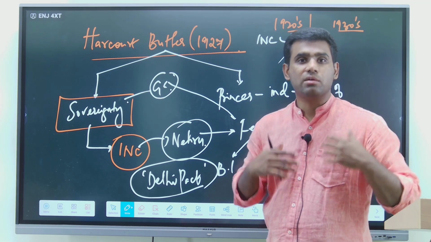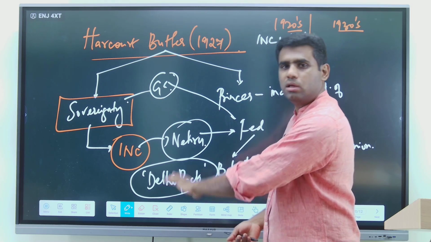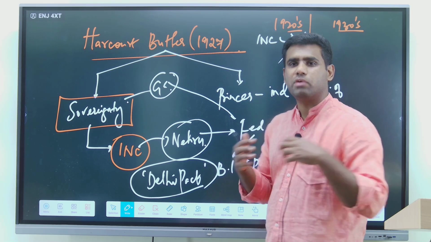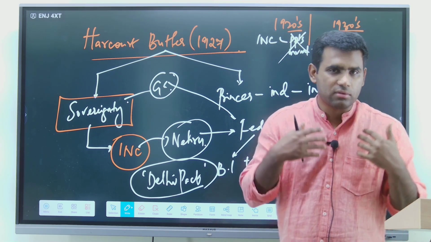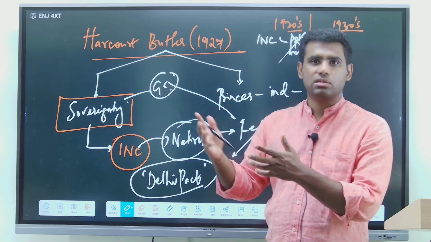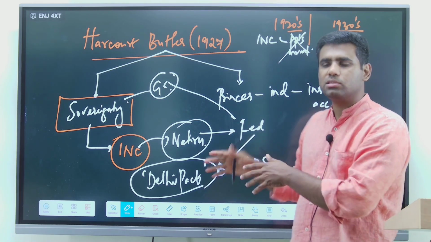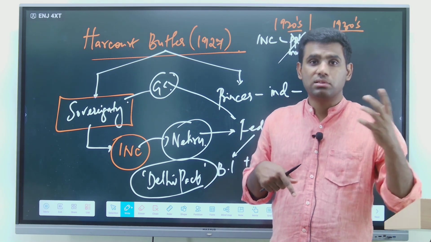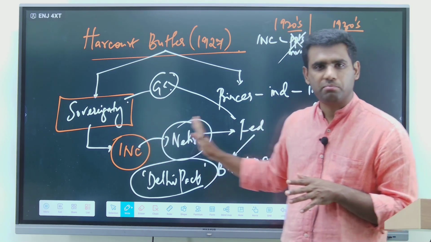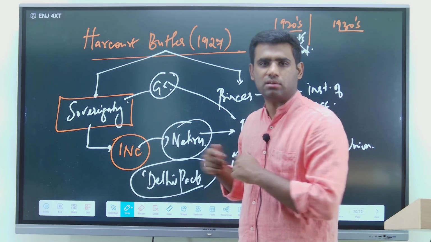The princes would rather place their sovereignty in the hands of this federal body, which they hoped they could still control, instead of keeping the control of their autonomy in the hands of the British Governor General, because the British Governor General cannot be tamed or controlled by the princes. Whereas if this federal body decides reforms inside the princely states, the princes still felt they had a chance of controlling it. That's why they were able to warm up to the politics of Congress. So they also welcomed the idea of federation.